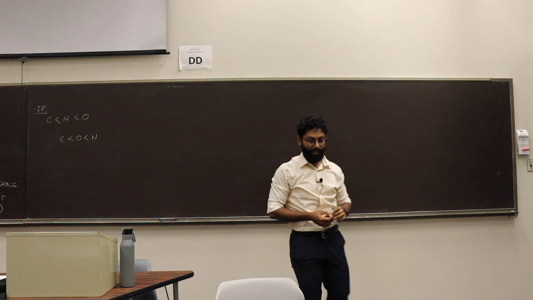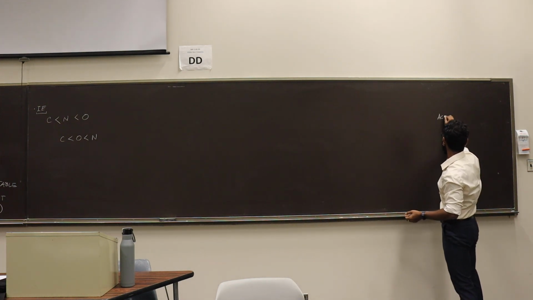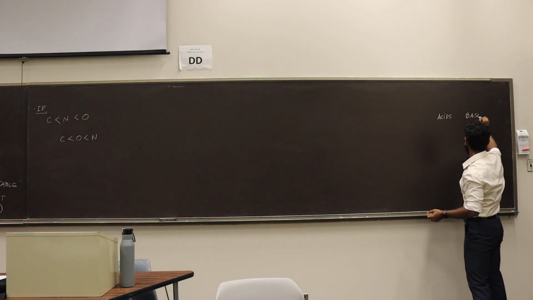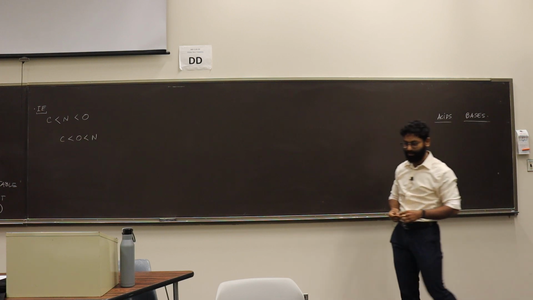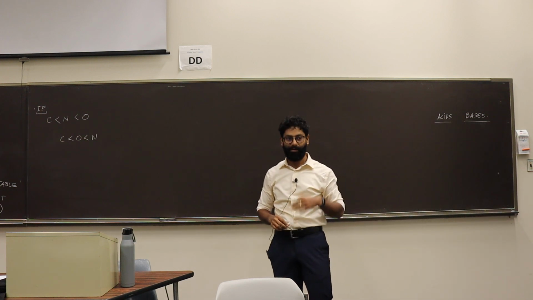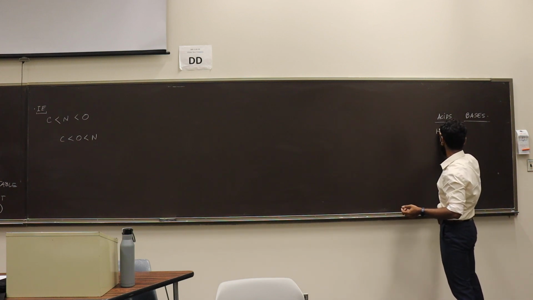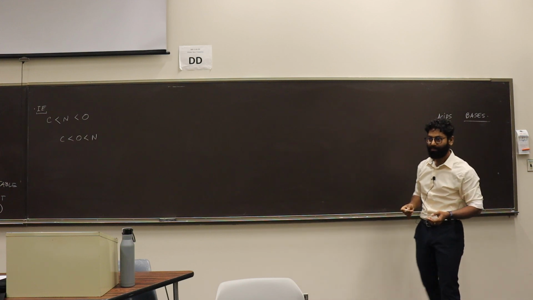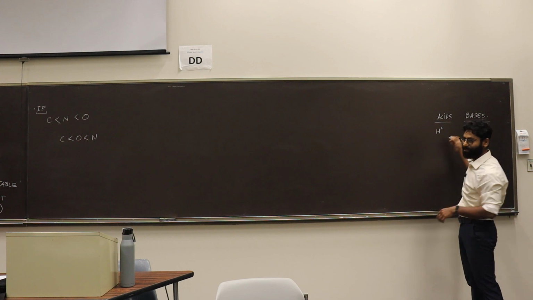Now, there are multiple definitions of acids and bases. One of the simple definitions is the Arrhenius definition, which tells us that anything that produces H plus is an acid, and anything that consumes H plus is a base.